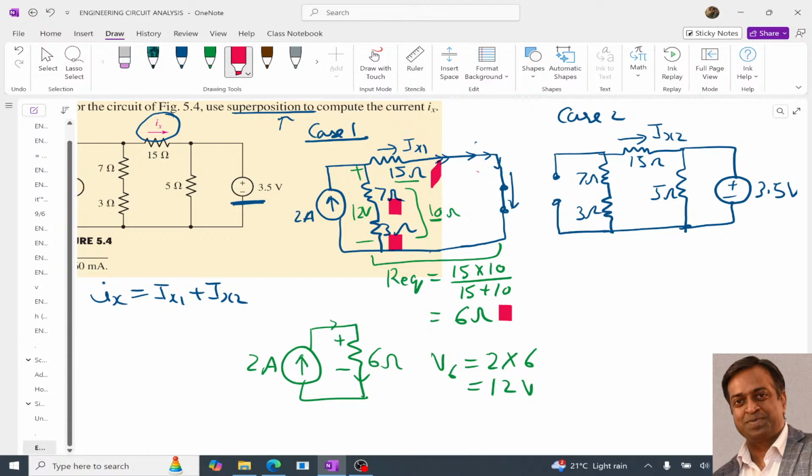Then we determined the voltage drop across this 6 ohm. Since a current of 2 ampere is flowing through this 6 ohm, we get that the voltage across this 6 ohm is 12 volt.